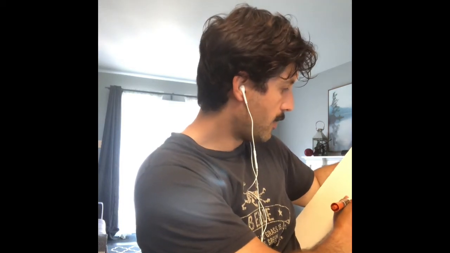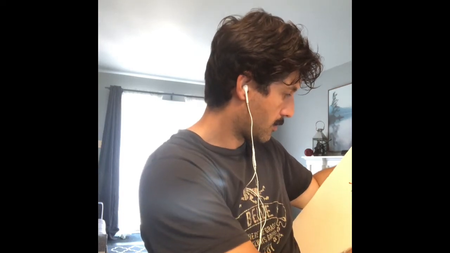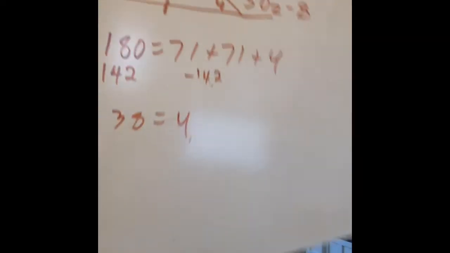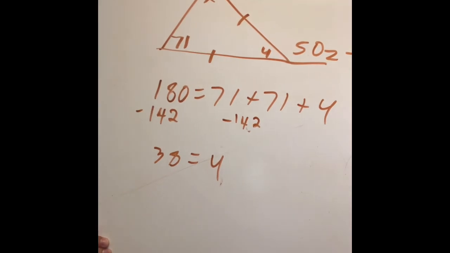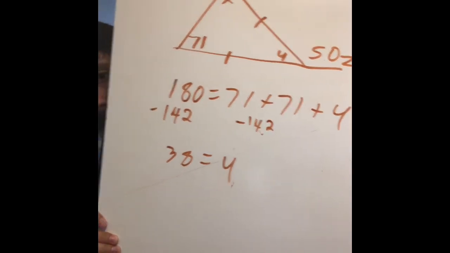So remove 142, and you end up with 38 equals y. I took the 71 and the 71, got rid of them on one side and the other, and I'm left with y equals 38.